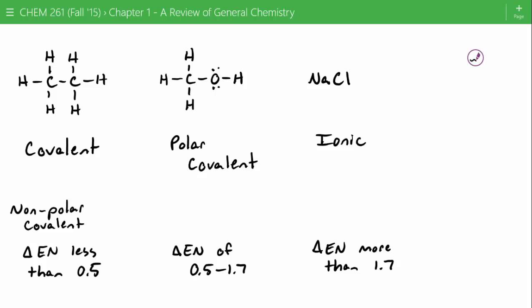No. In fact, there's such a big difference in electronegativity that chlorine steals that electron from sodium. Chlorine becomes negatively charged and sodium becomes positively charged. So we're going to talk quite a bit about these forces that hold these molecules together. But let's talk a little bit more about differences in electronegativity.